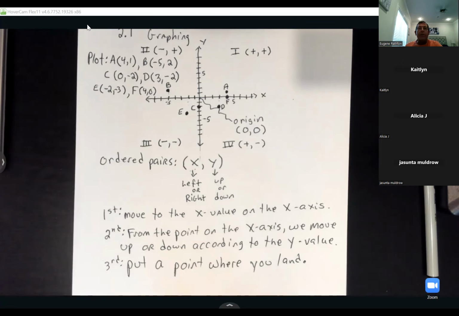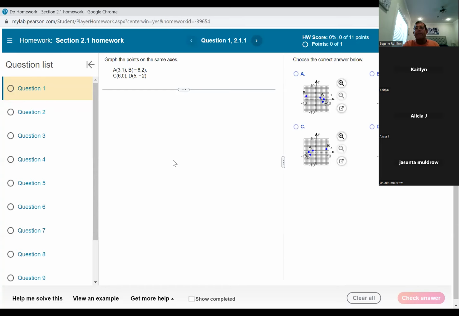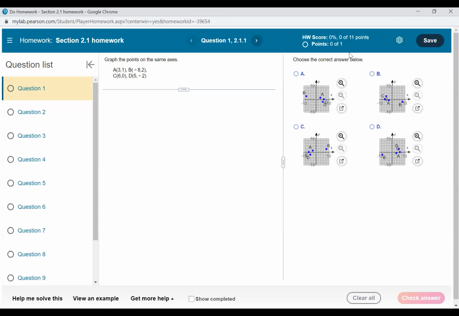All right, y'all. So I wanted to show y'all how you're going to do this on MathLab. Well, actually, MathLab, I'll show you how they're doing it. Let me find my share. All right, let me let one in real quick.